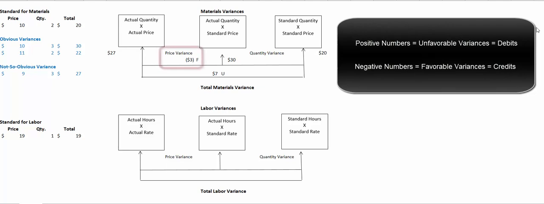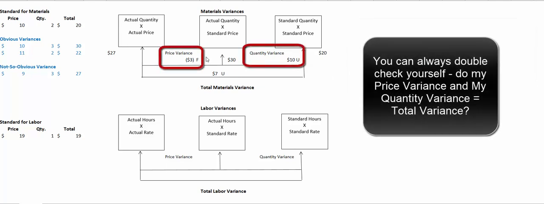Since it's a negative number, that means the actual price was lower, and so we get a favorable price variance. We do the same thing over here. 30 minus 20 gives me a positive $10. That's unfavorable. And we can check ourselves. We got $10 unfavorable and a $3 favorable, so that gives us a net of $7 unfavorable.